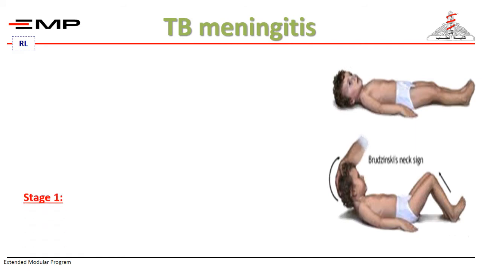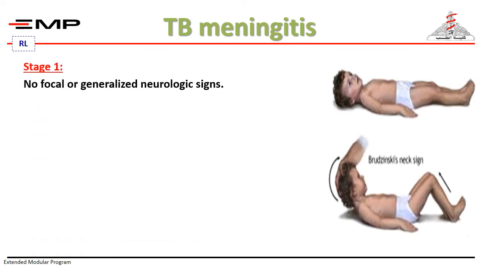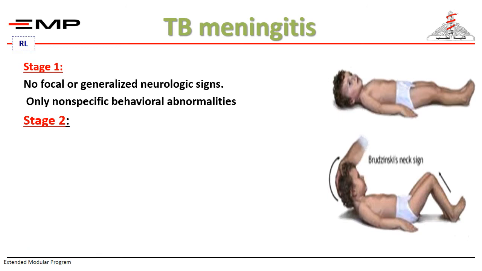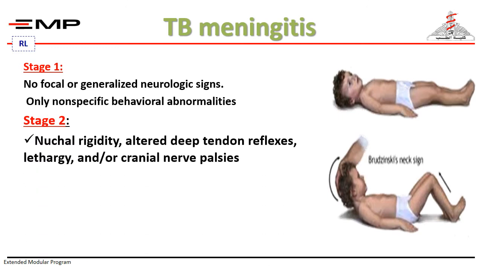TB meningitis has stages. Stage 1, no focal or generalized neurological sign, only non-specific behavioral abnormalities. Stage 2, the child will have nuchal rigidity and a positive Brudzinski neck sign. When you flex the neck, you will have reflex flexion of the knee. It is called Brudzinski neck sign.